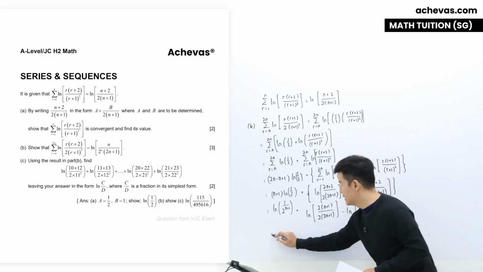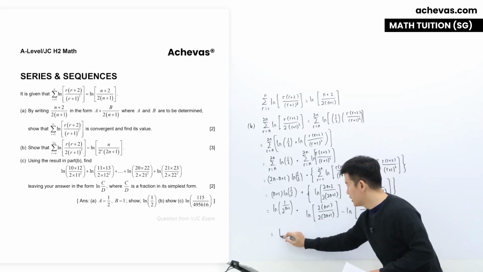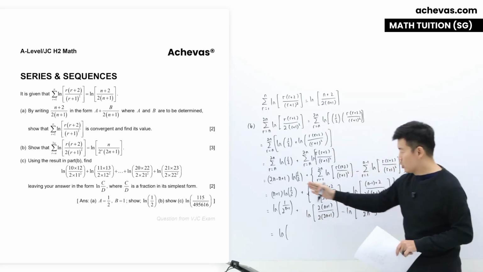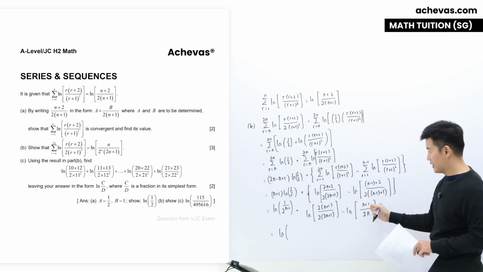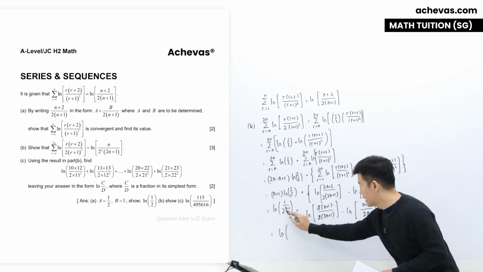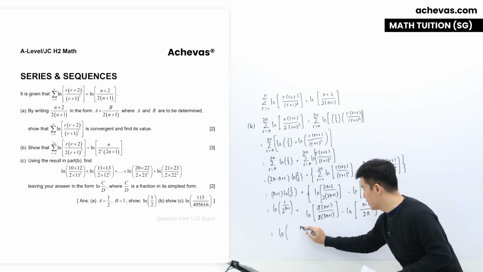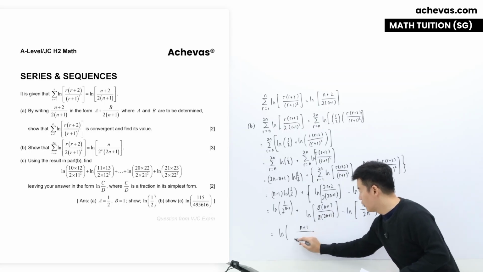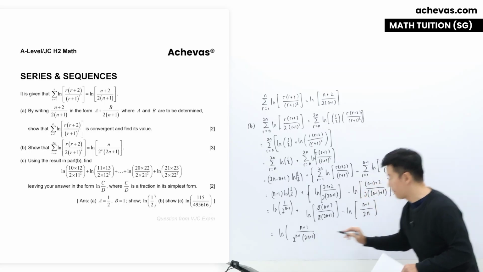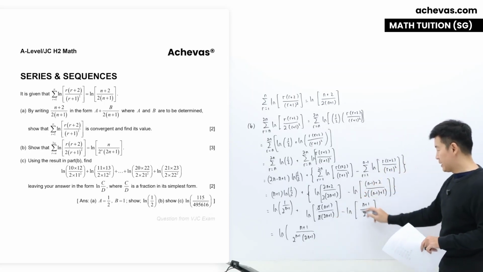Okay, let's simplify this even further. This will be ln of, let me combine all these 3 together. It will be this multiplied by this divided by this. Okay, so this 2 will be cancelled. We will have this multiplied by this, giving me n plus 1 over 2 to the power of n plus 1, 2n plus 1. Okay, then divided by this.